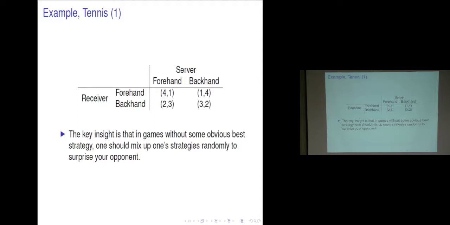If we stay with pure strategy, the equilibrium will be a strategy profile, so it's either FF or FB or BF or BB. Suppose we choose BB. It means the receiver always predicts the backhand, the server always serves backhand. So that's the pure strategy, and the meaning is very clear.